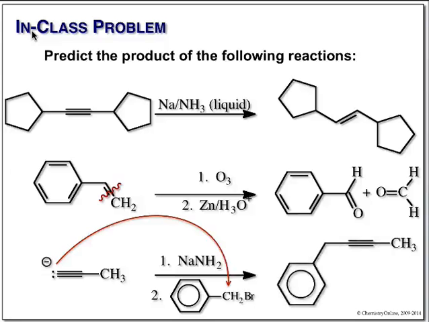Simple SN2 substitution. Step 1, we make the anion. Step 2, we use that anion as a nucleophile. Any questions?